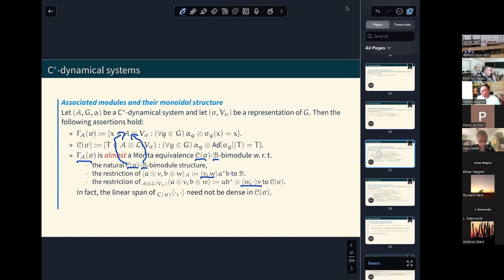I'm confused by your second line, the restriction to B. What do you restrict to B? These are elements in the tensor product, right? Yes.